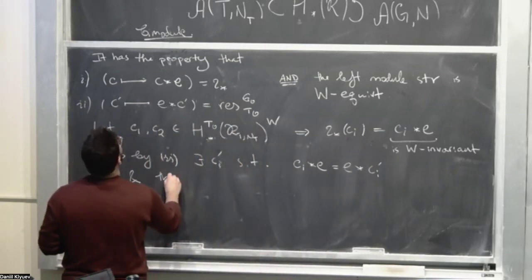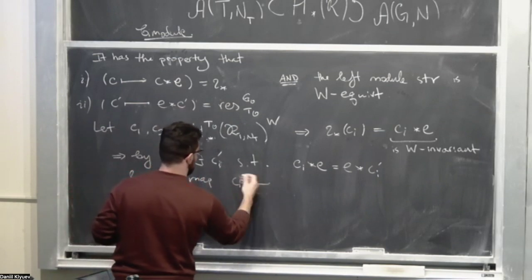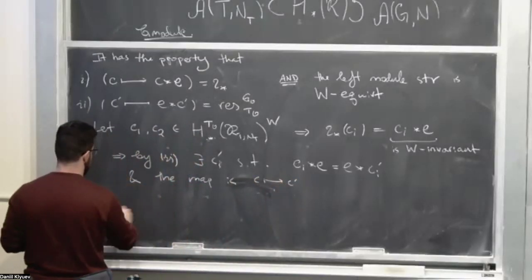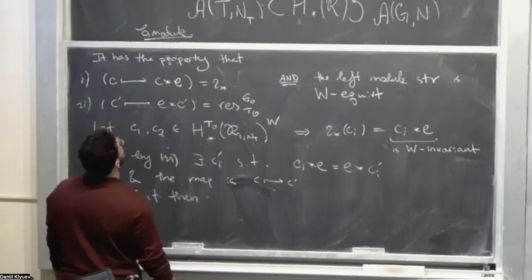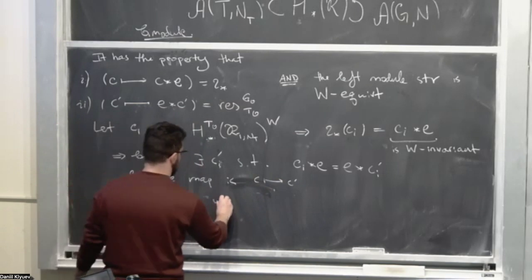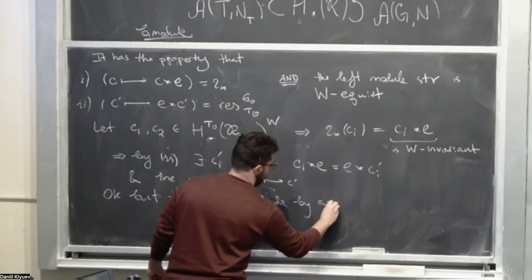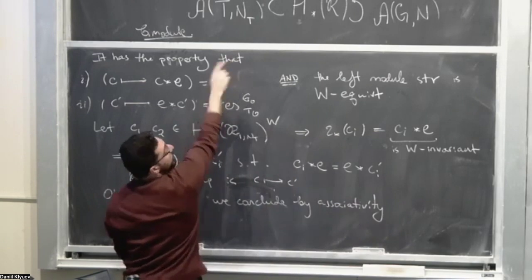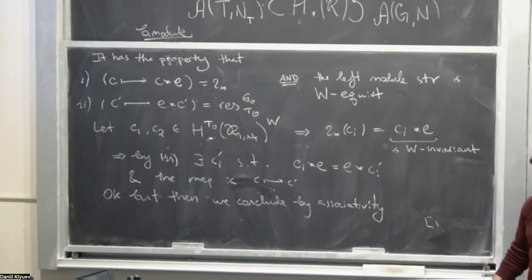The point is that the map upstairs, iota star, just sends C to C prime. But then we conclude by associativity of the actions. So it turns out it's again another instance of the same proof, but I didn't draw it.